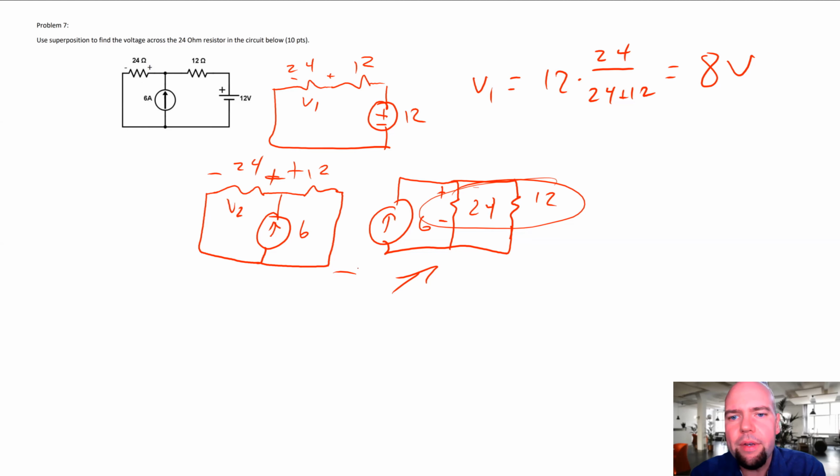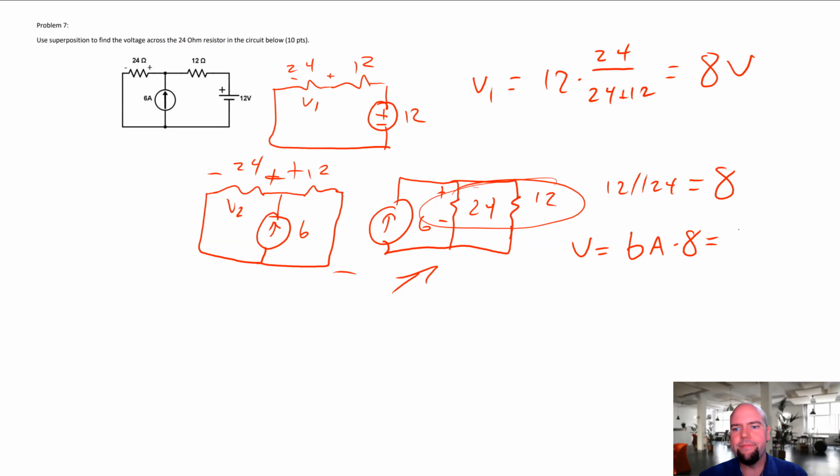So let's just combine them in parallel. 12 in parallel with 24 is 8. So if I have 6 amps and 8 ohms, the voltage across that is going to be 48, right?